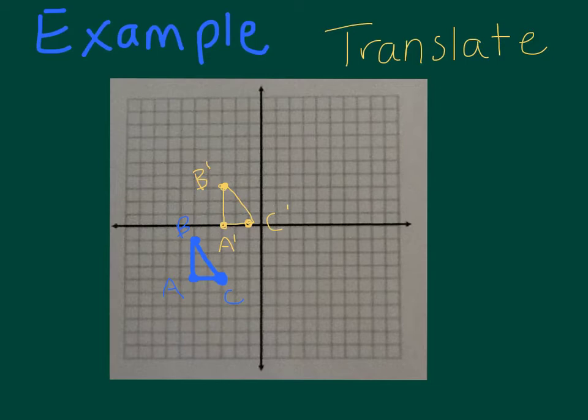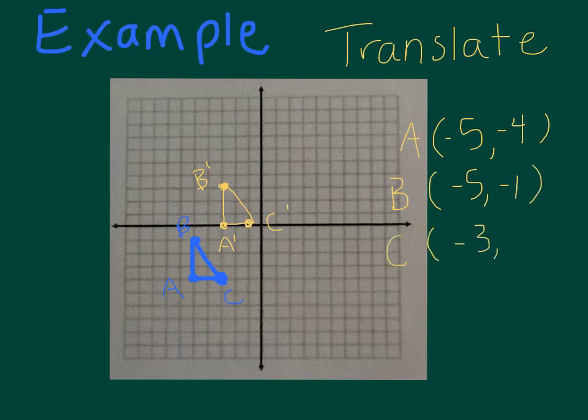All right, now let's look at what our original coordinates were. For A, our original coordinate was -5, -4. For B, it was -5, -1. And for C, it was -3, -4.